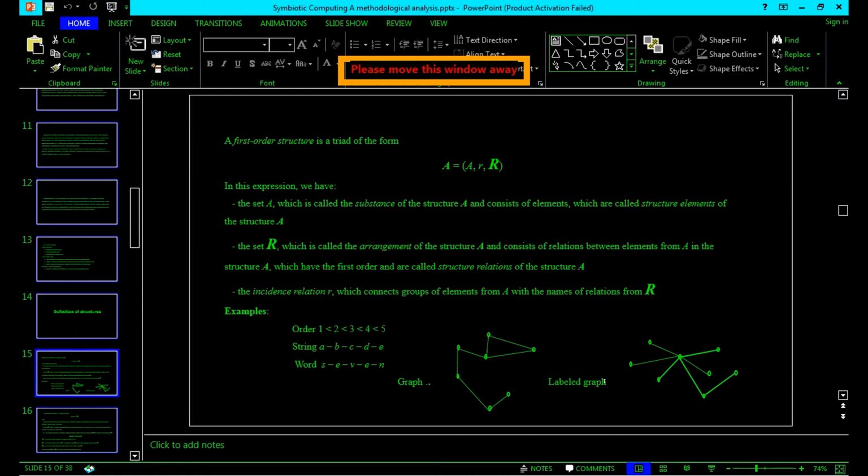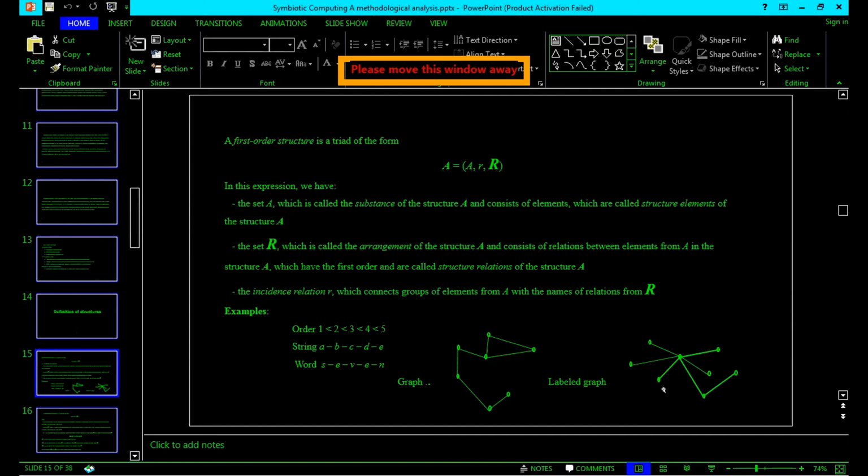Then one more example is a labeled graph. Can you see the different colors of the edges in the picture of the labeled graph? Yes, so one is bolder and the other one is lighter.